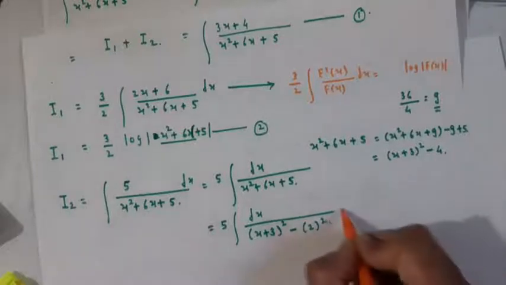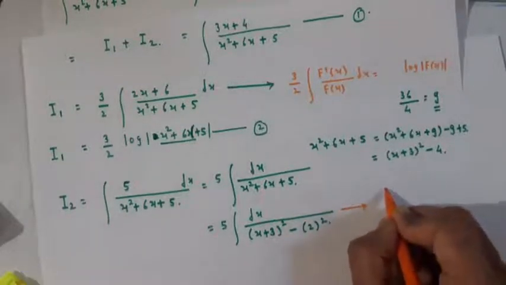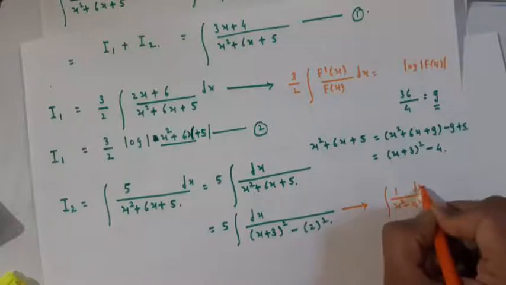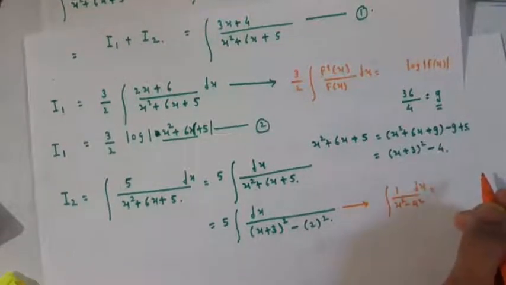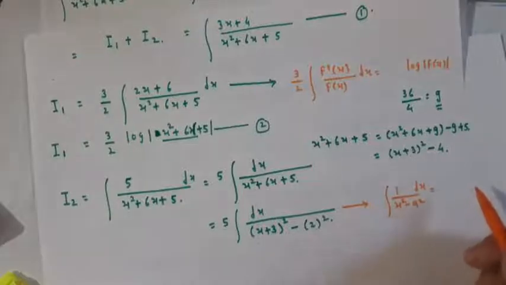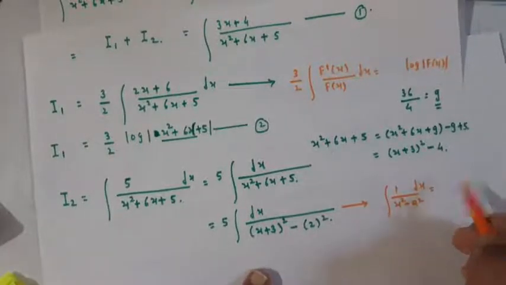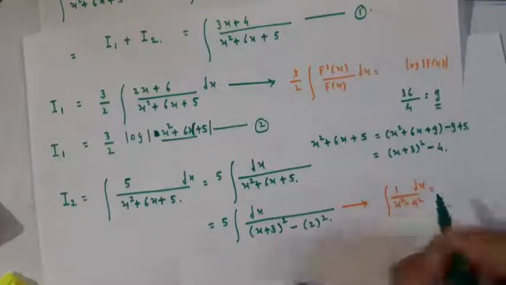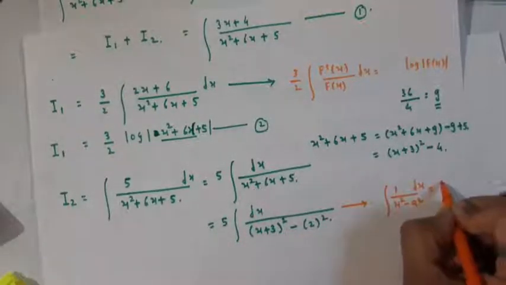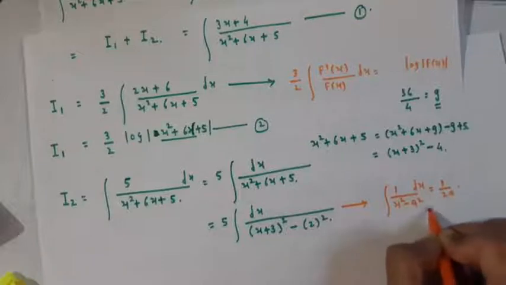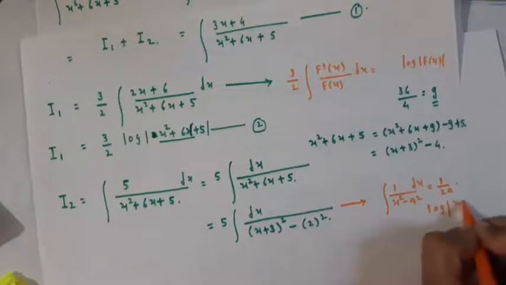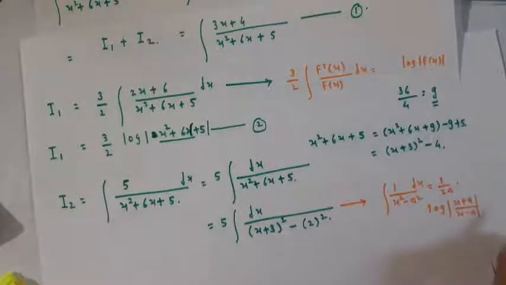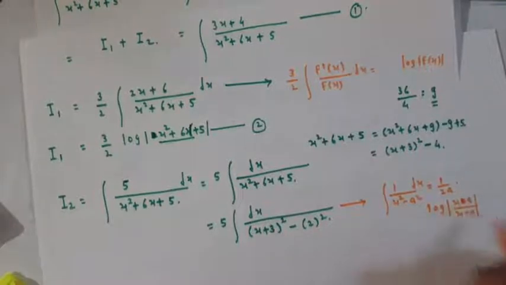And students, this is of the form 1 upon (x square minus a square) with respect to x, and that's why its integration is 1 upon 2a into log of (x minus a) upon (x plus a).